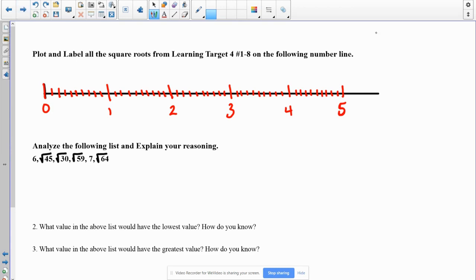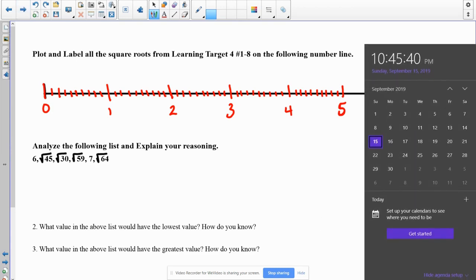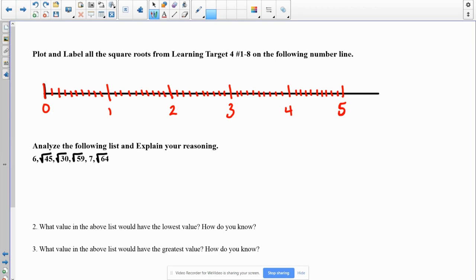Number 1 was the square root of 5, which is approximately 2 and 2/10. Here's 2.1, 2.2. We're going to put the square root of 5 above that.